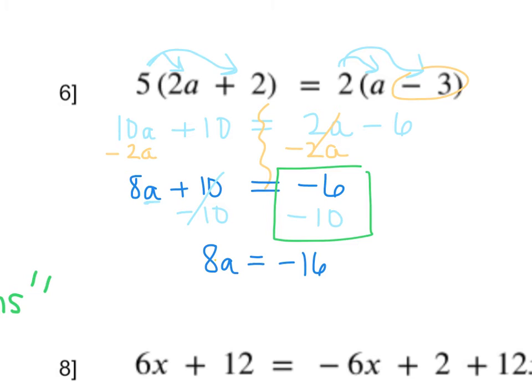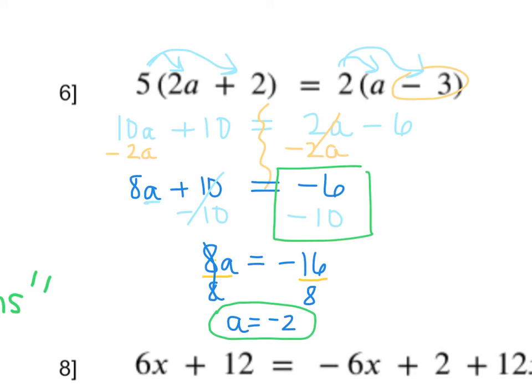And then a coefficient next to a variable indicates multiplication, so our inverse operation is division. So we're going to divide both sides by 8. And -16 divided by a positive 8 is -2 for our final answer.